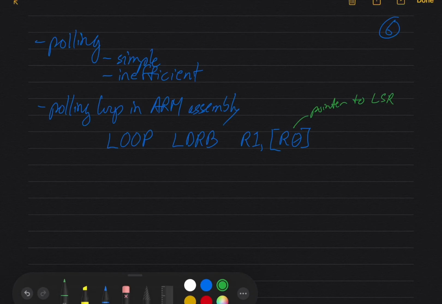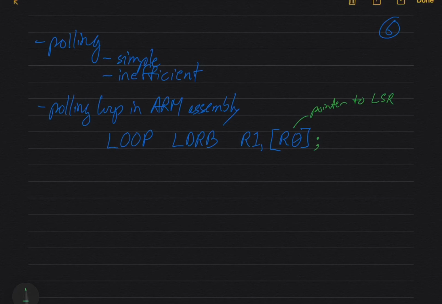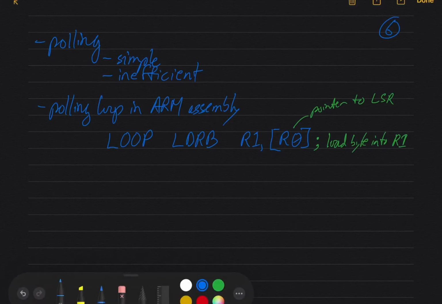And let's do our comments in green. Comments in this ARM assembly are prefaced with a semicolon, and what we're doing here is loading a byte into R1, and it's coming from the line status register. Okay, next statement in our loop.